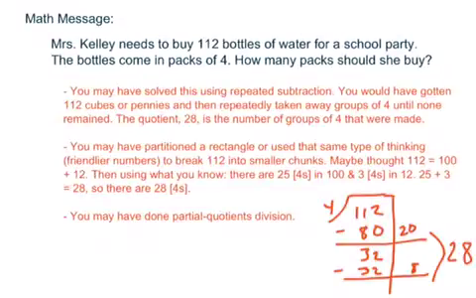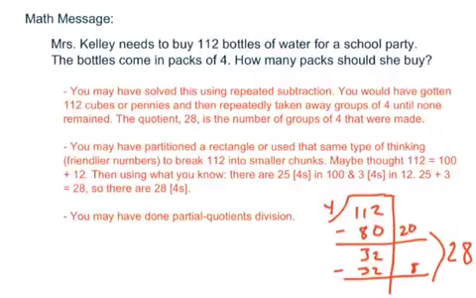So, there's lots of ways that you could have solved it. Here are some of the more common ones. So you may have solved this using repeated subtraction. You would have gotten 112 cubes or pennies or any kind of counter, and then repeatedly taken away groups of 4 until none remained.